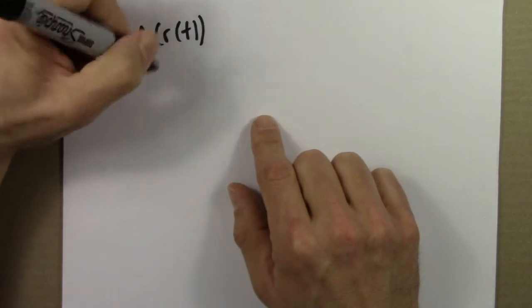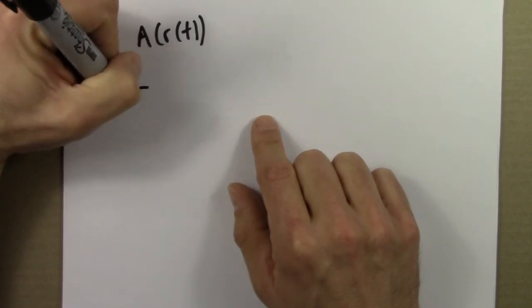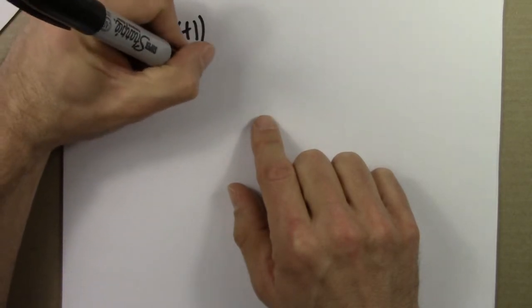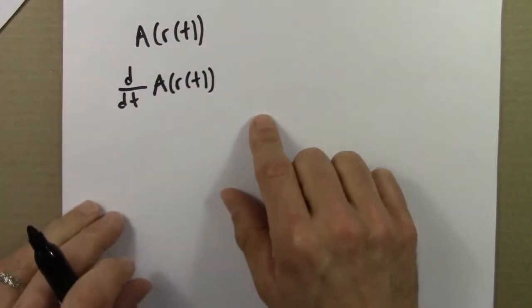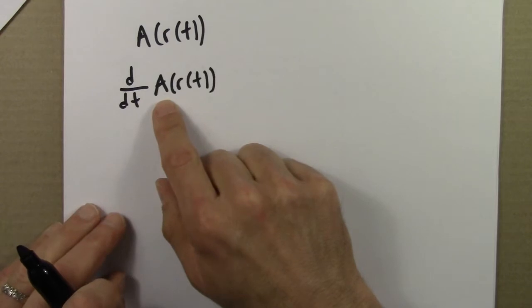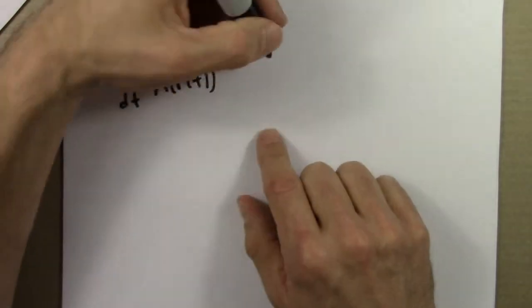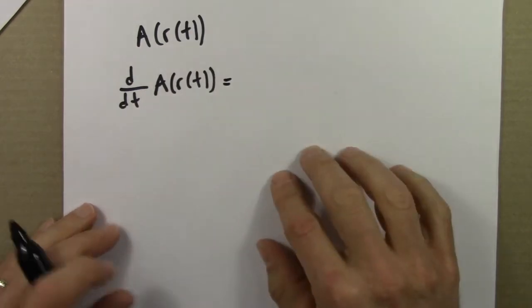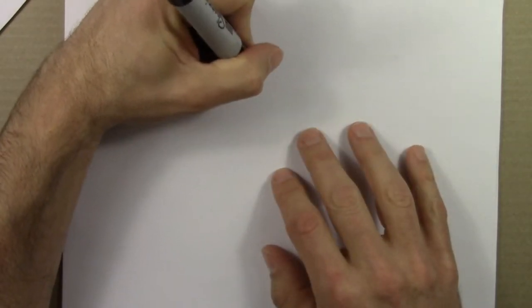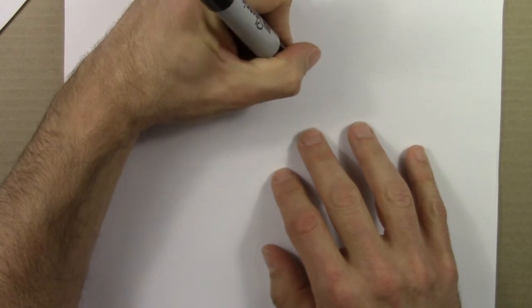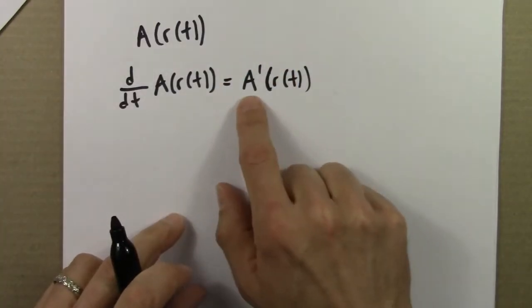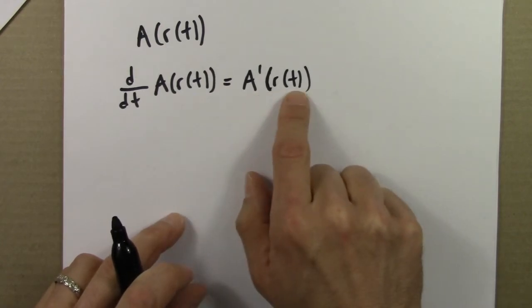Okay, so then we might want to know, well, what's d/dt of A of r of t? In other words, how fast is area changing with time? So this is a chain rule situation. We take the derivative of the outer function, leaving the inner function alone.